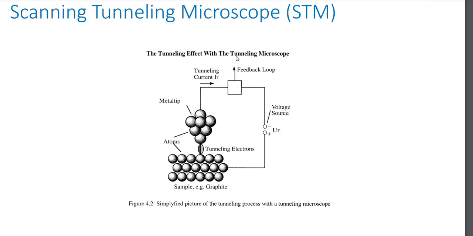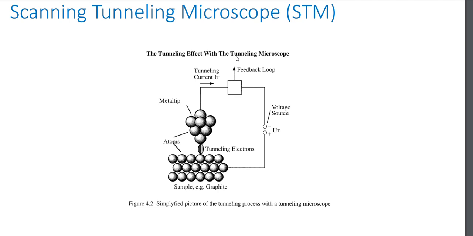We will discuss the construction of the scanning tunneling microscope. The metal tip permits electrons to tunnel between the tip and the sample. There's a piezoelectric scanner which helps in the fine tuning of the height. It can change its length depending on the voltage.